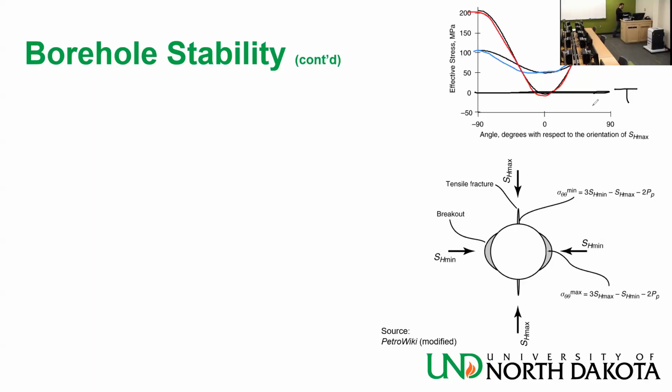To get a fracture to form, you need to satisfy not just one condition. Sorry, I said it wrong. The stress needs to be more tensile than the tensile strength of the rock, and that same stress needs to be more tensile than any other stress.